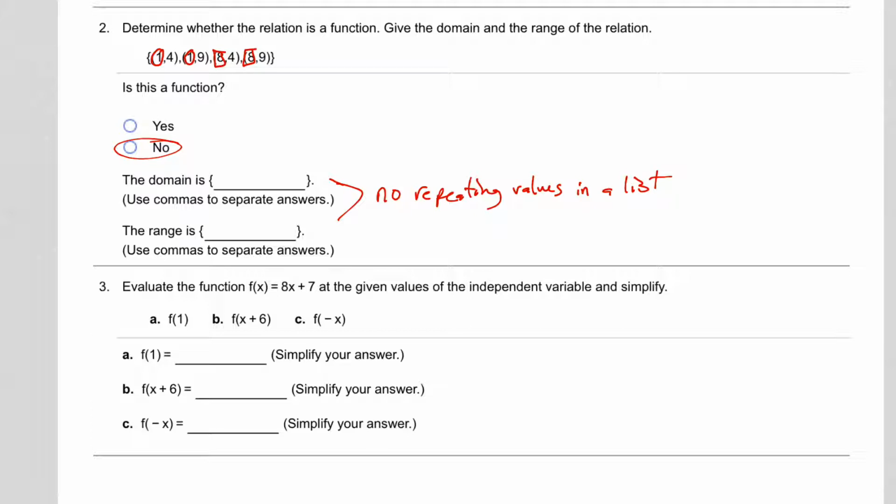So we cannot do 1, 1, 8, 8 for the domain. We just need to write 1, 8. So you cannot repeat those values. And in the range we have 4, 9, 4, and 9. So this is going to be 4 and 9.